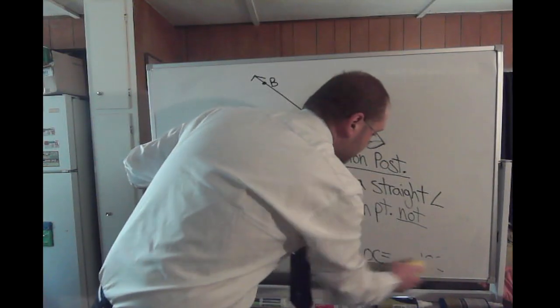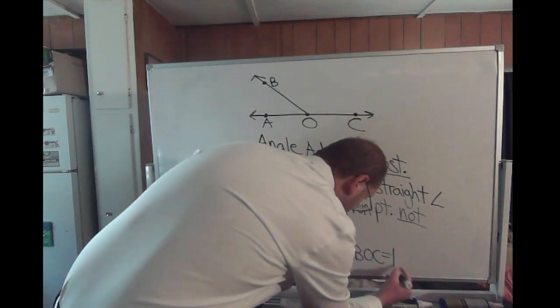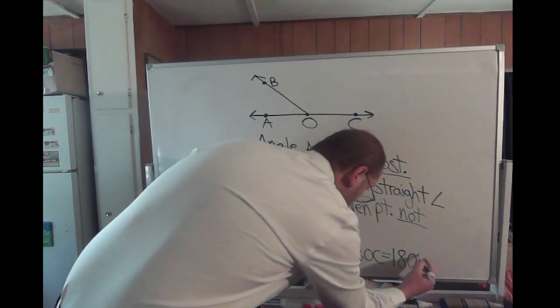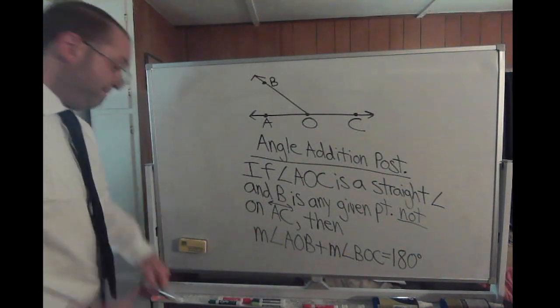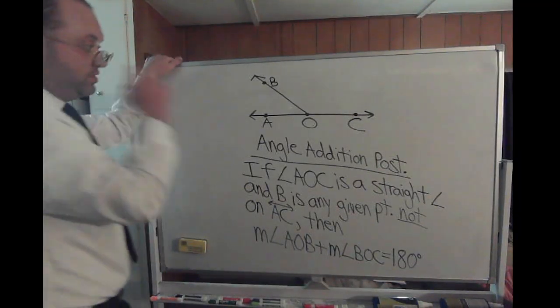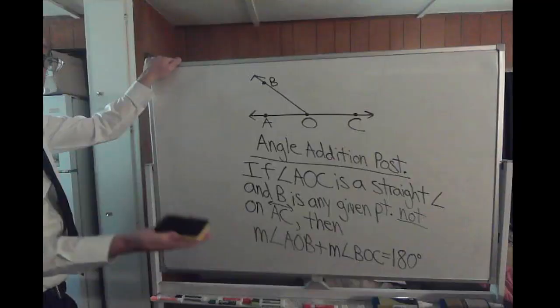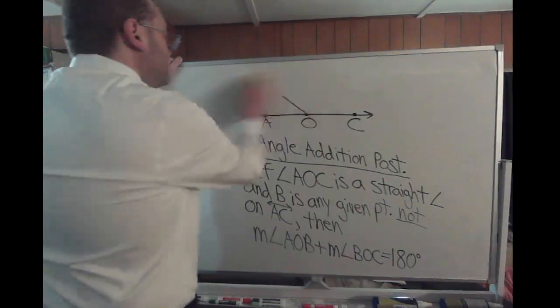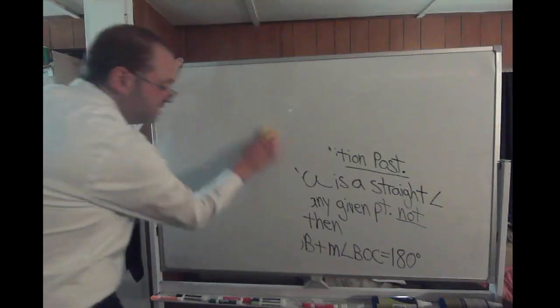It's true it equals angle AOC, but basically the sum of these two angles together would equal 180 degrees. That's all that's saying. So, seems pretty obvious, right? This wasn't too bad of a postulate to do.